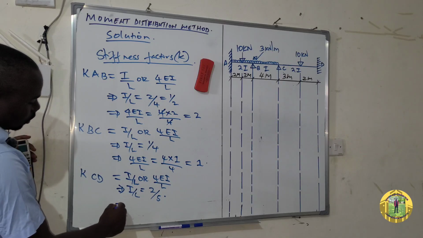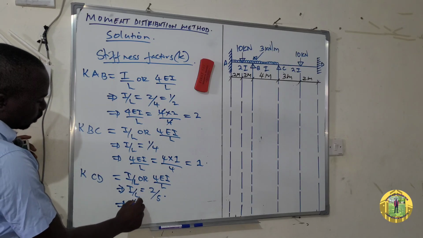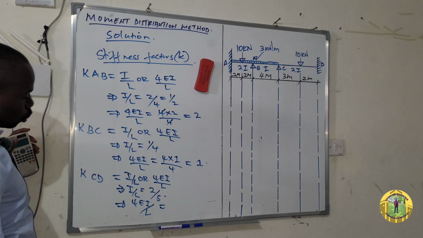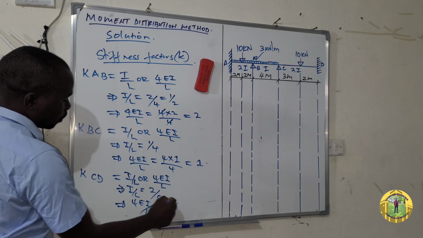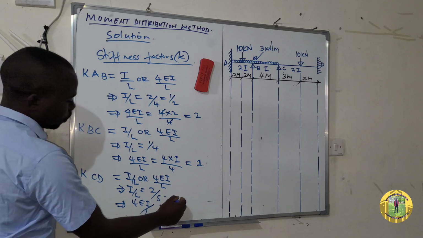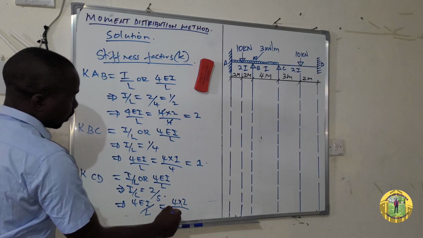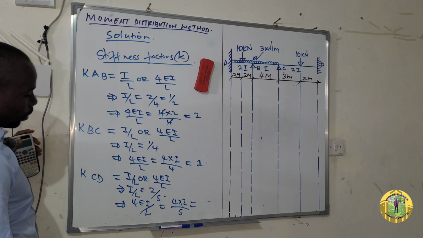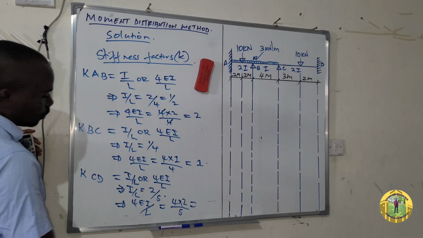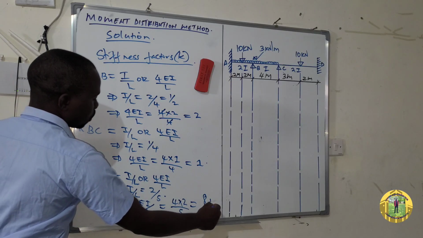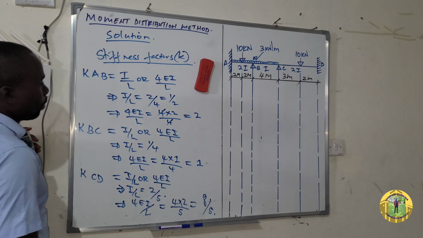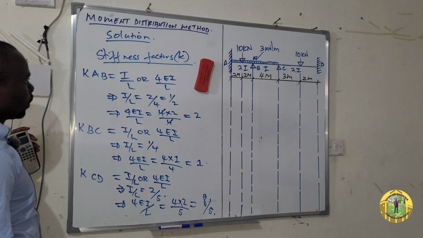And then for 4 EI over L is equal to 4, E is constant, times 2 all over 5, which is L. So this one is equal to 8 over 5.